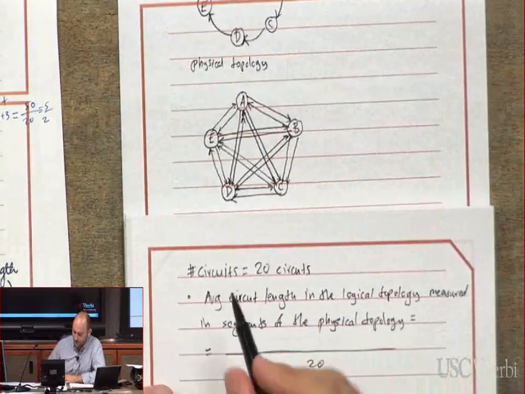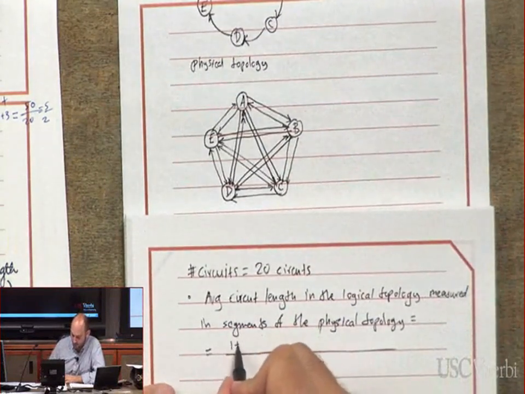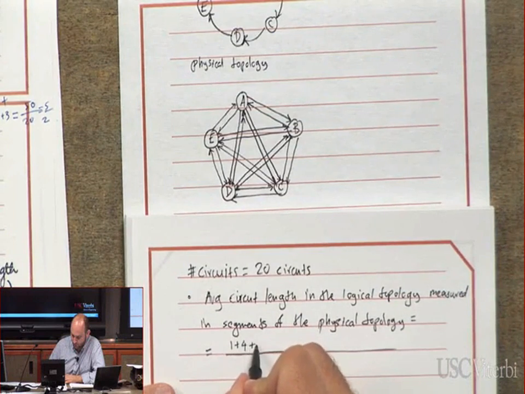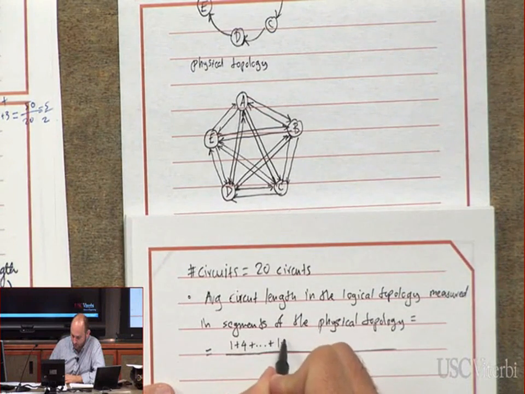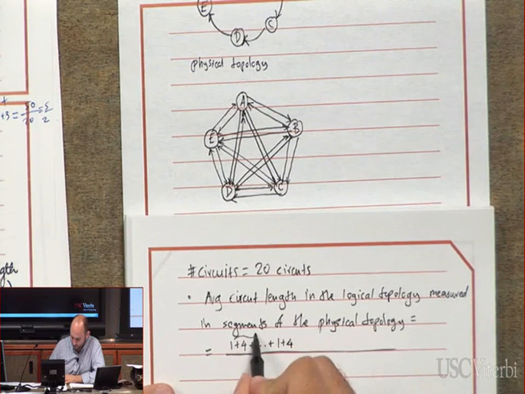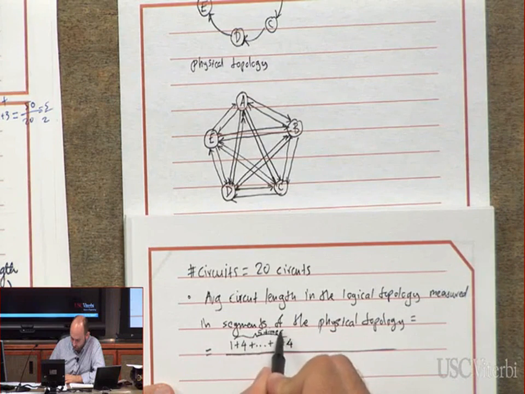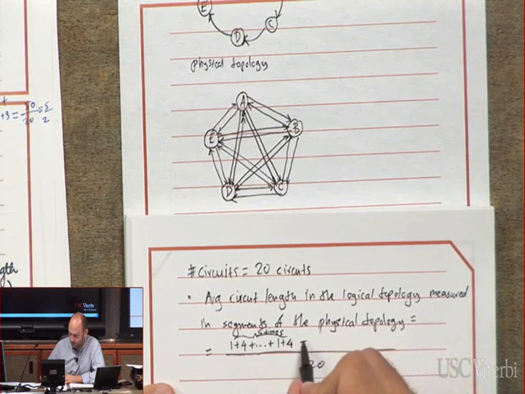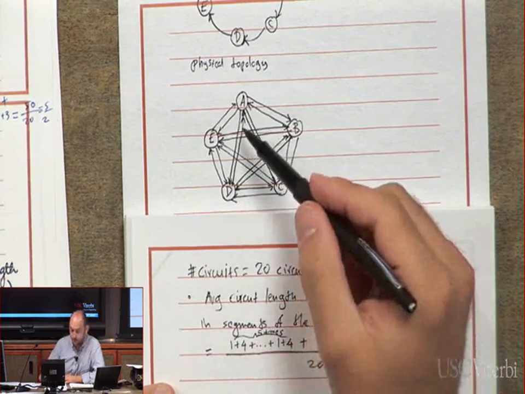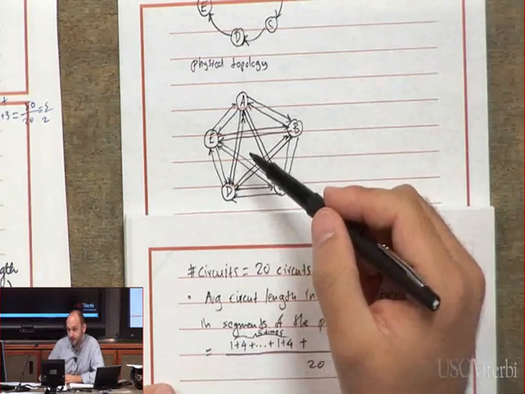Okay. In other words, we have 1 plus 4 plus 1 plus 4, 5 times. Plus, we have to find something for the internal guys now.